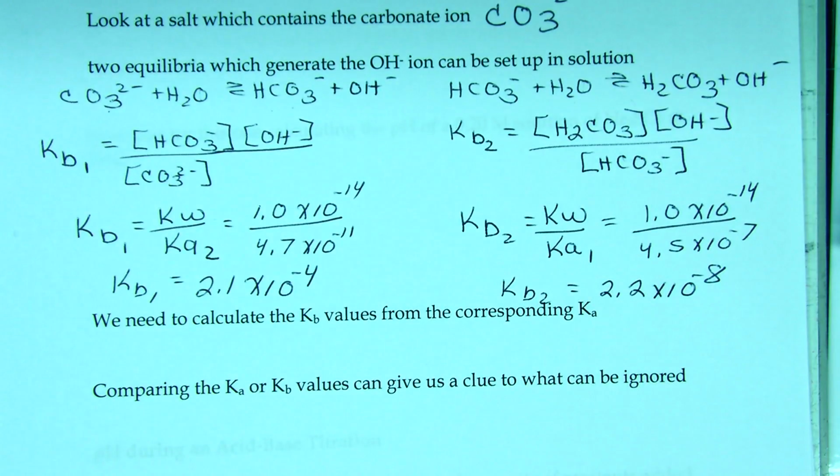So when I look at that, we say, well, we know that one is really small, so we can ignore Y compared to X, even though we may not be able to ignore X compared to our original concentration. So when we look at these Ka values and the Kb values, regardless of whether we're doing an acid or the conjugates, then we can decide what we can ignore.